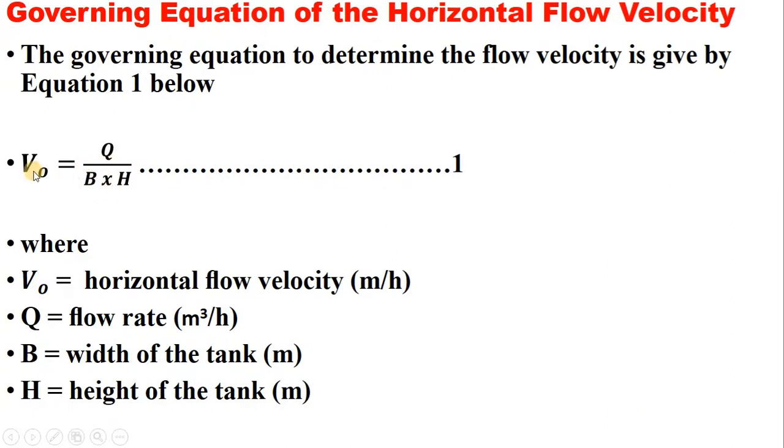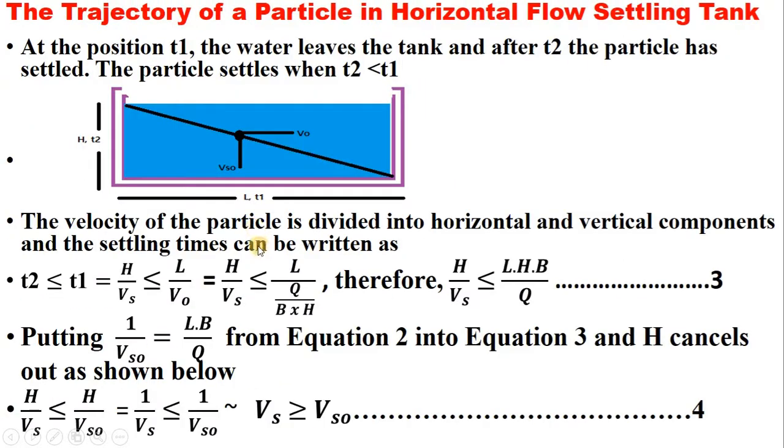Please take note. V0 is equal to Q all over B times H. So if we are putting this here, we are going to have that H all over Vs, which is this, is less than or equal to L all over V0. Instead of putting this, we substitute it with this value here.